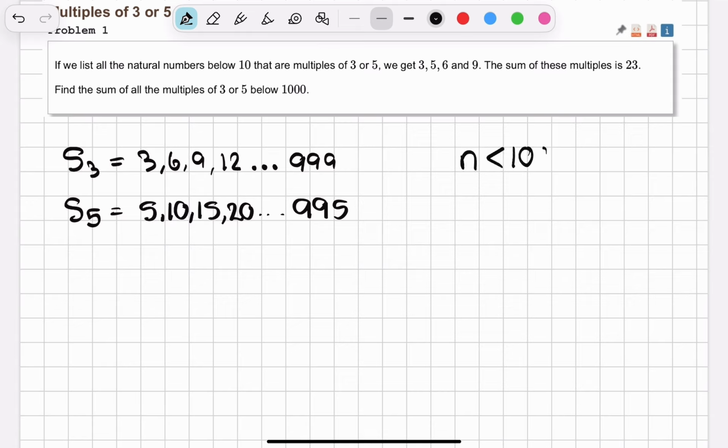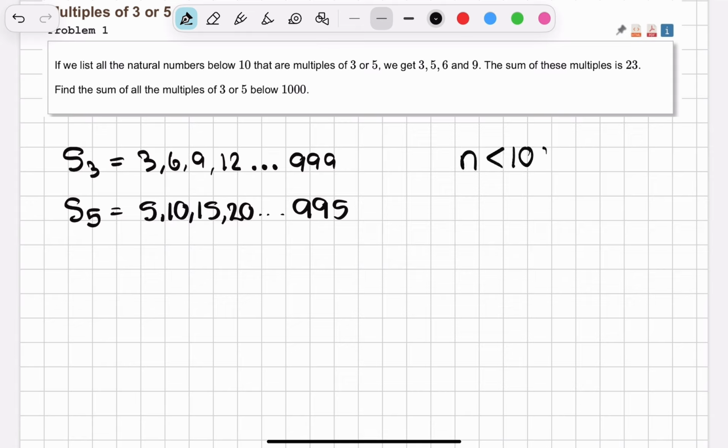So the sum equals S3 plus S5. But note that there is some overlap with numbers like 15, which is a multiple of both 3 and 5, or 30.